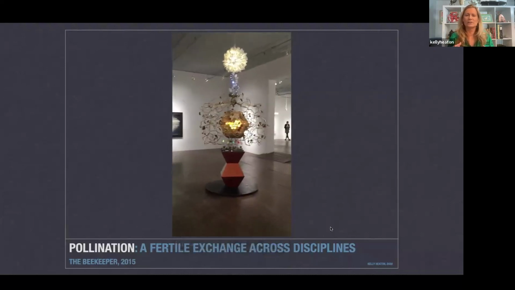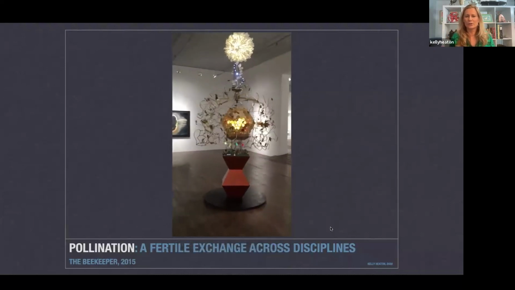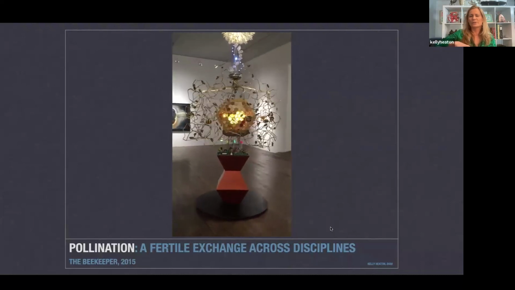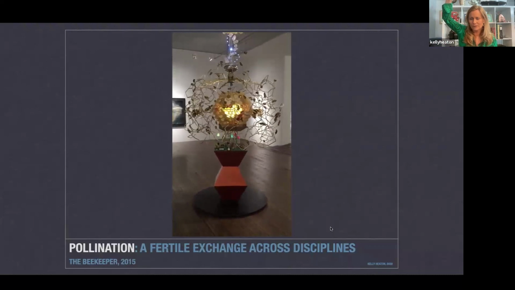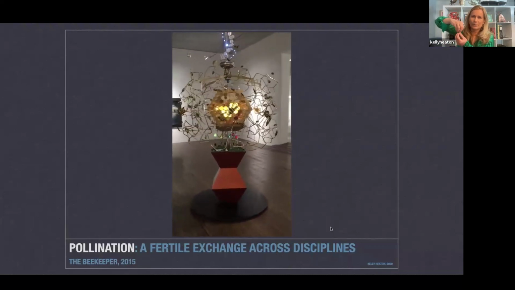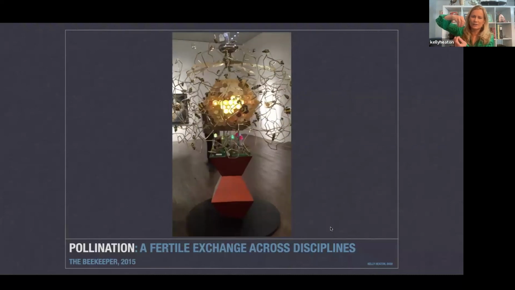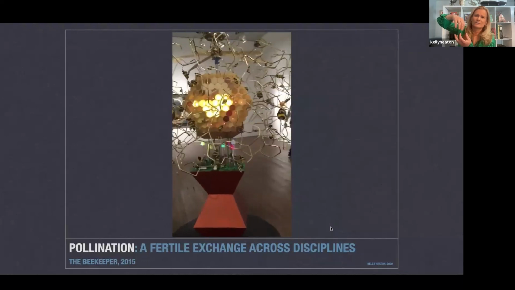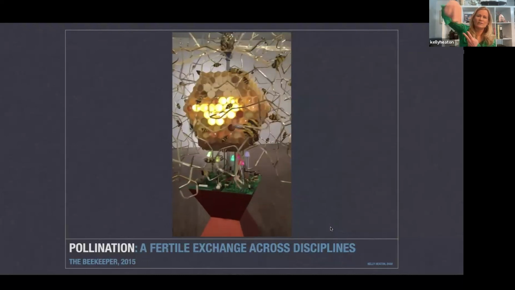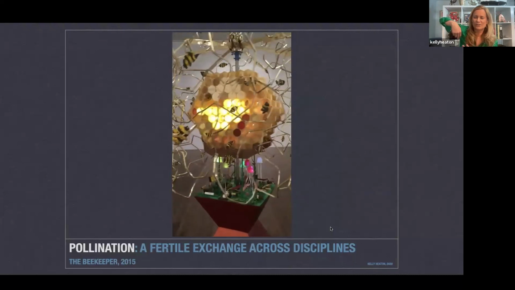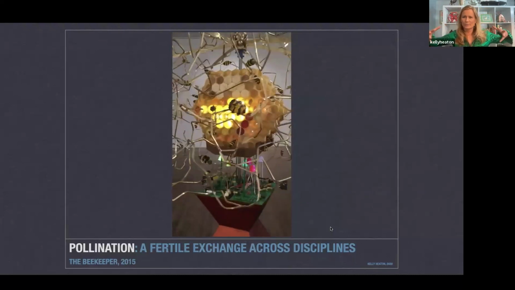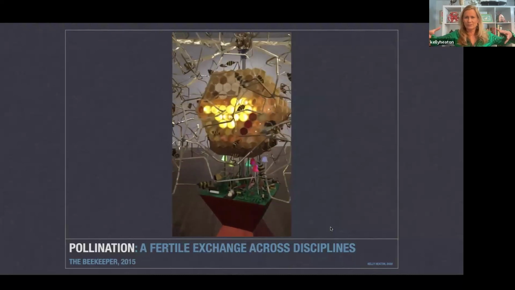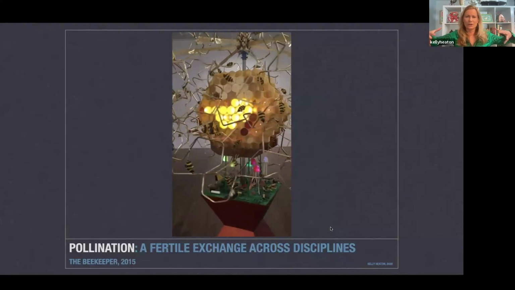This piece is an 11-foot tall sculpture representing the chakras of a body, where I put the beehive as the heart chakra, and the bees flying around this center comb structure were my way of representing the electromagnetic field of the heart.